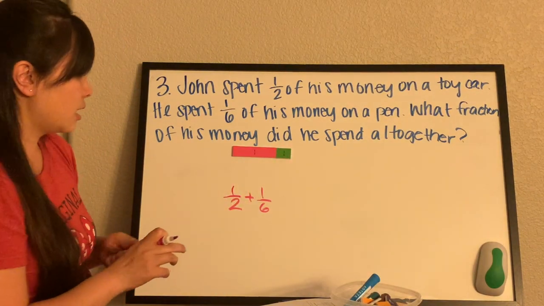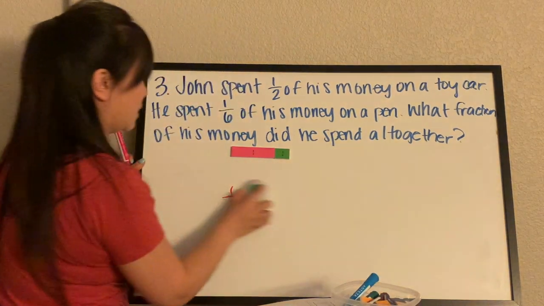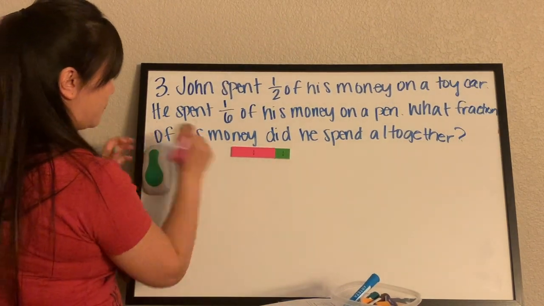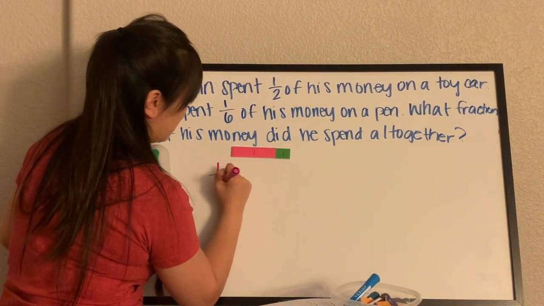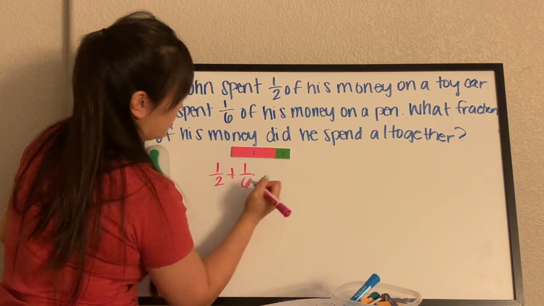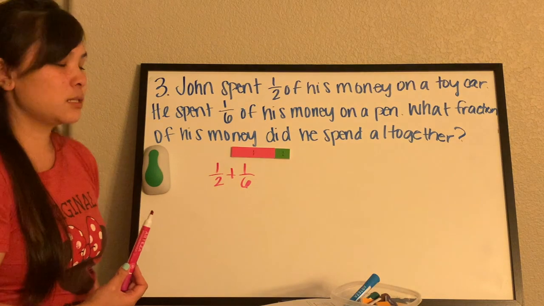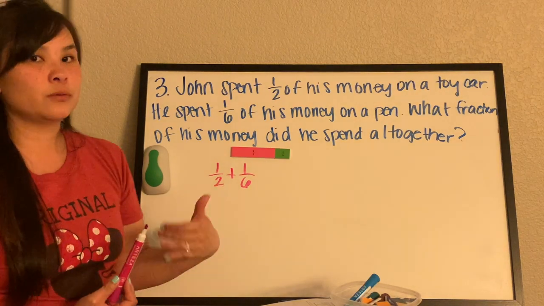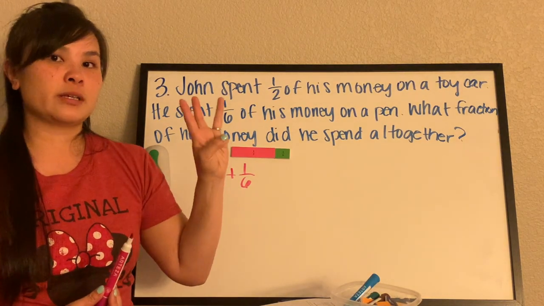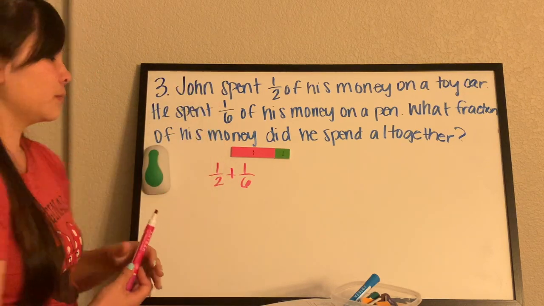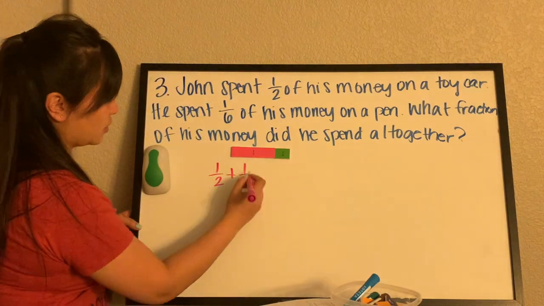Let's find out. I'm actually going to erase this so I can move it up a little bit. We know that 2 is related to 6 because if you skip count to 6, it's 2, 4, 6, right? By 3. So we're going to keep this 1/6, right?